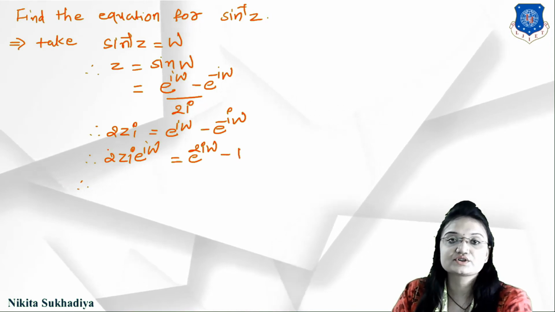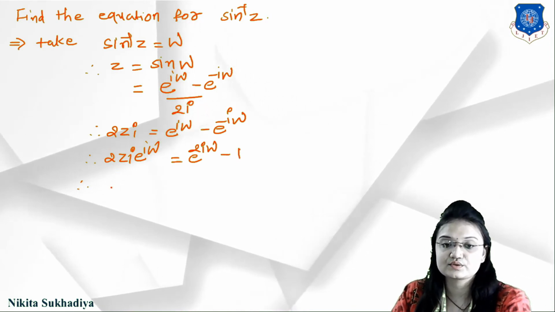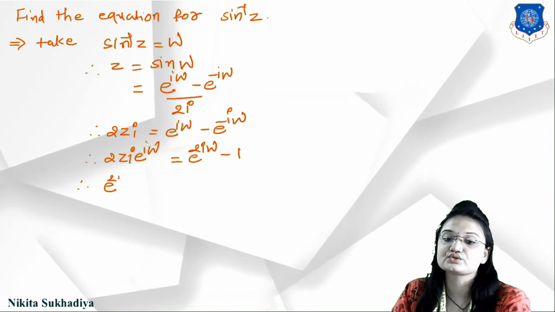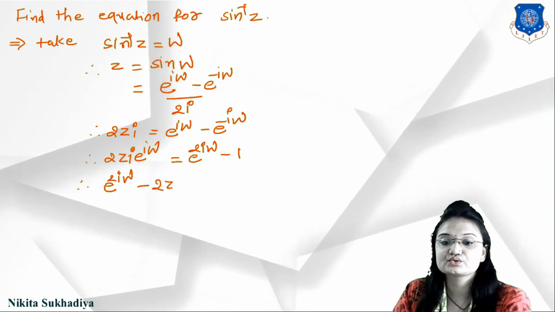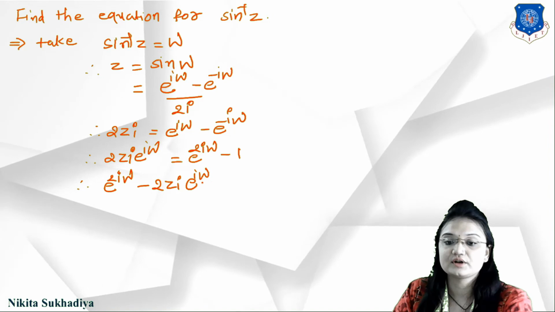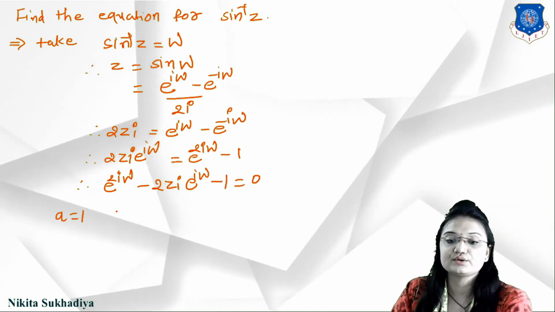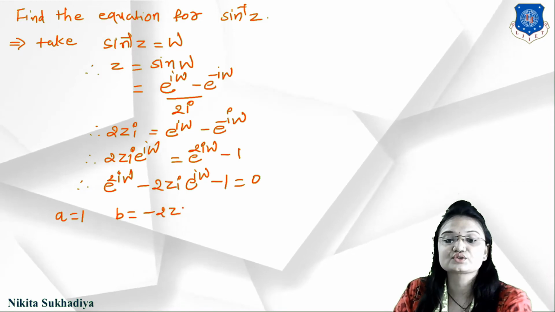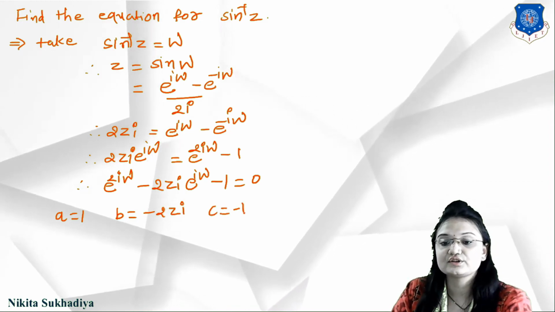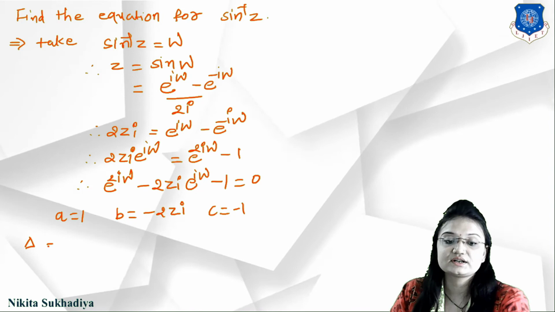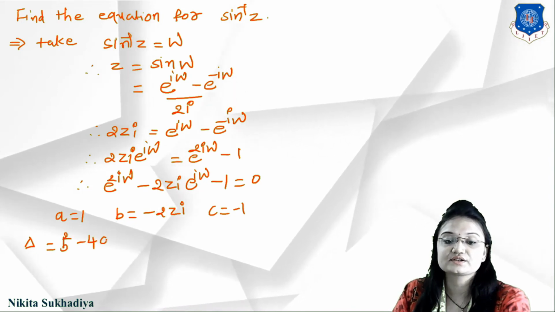So this is a quadratic equation in the form e raised to 2iw minus 2zi e raised to iw minus 1 is equal to 0. So here a is equal to 1, b is equal to minus 2zi and c is equal to minus 1. So we get delta is equal to b square minus 4ac.